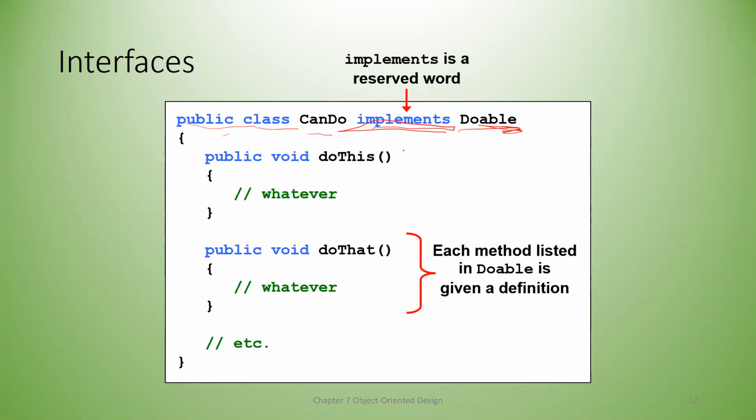Then you define the body, whatever code you want. Even if there is nothing in it, it still works, because the curly braces are the body of the method. Usually you actually do something there. This is the implementation. Questions?